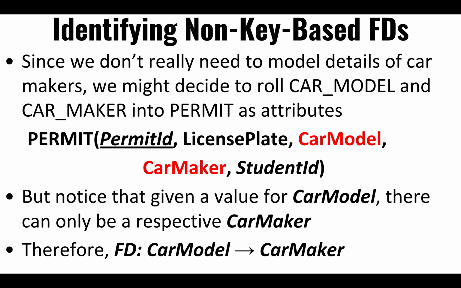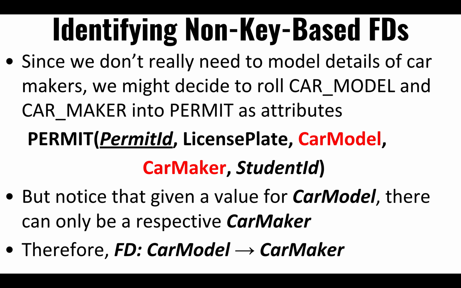We might not be very knowledgeable of cars, and we might not have known that there's a dependence between these two. If you don't know about the domain, this would have been maybe a sensible choice. But after reading up on car makers and car models, we identified that this was a bad choice, right?